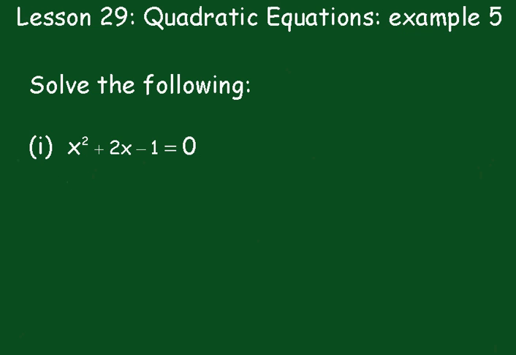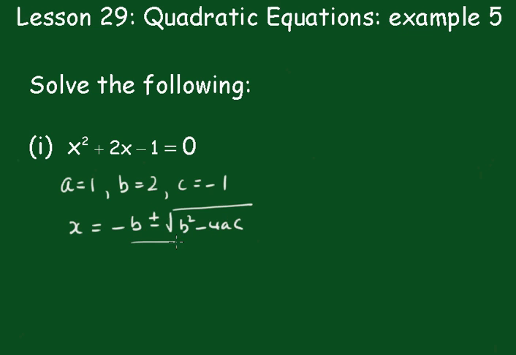We know that our a, coefficient in front of the x squared is 1. Our b equals 2, and our c equals minus 1, and our formula is x equals minus b plus or minus the square root of b squared minus 4ac all over 2a.